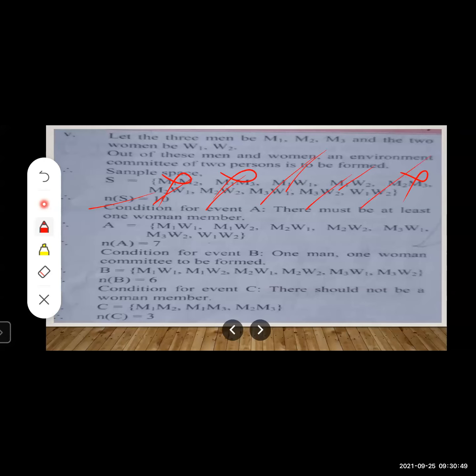So I am taking this as a favorable outcome. So write all these favorable outcomes in the event A in set form, right? And when you count all these favorable outcomes, they come to be 7. So the sample points for the event A are 7. So you will write n(A) is equal to 7. Yes, students. Okay, now let us move to the next event or next condition. What is the next condition given over here?